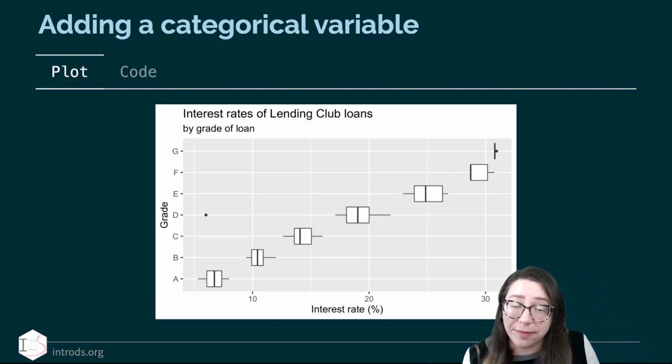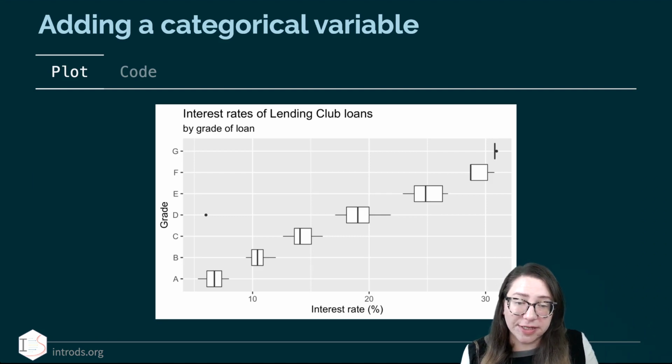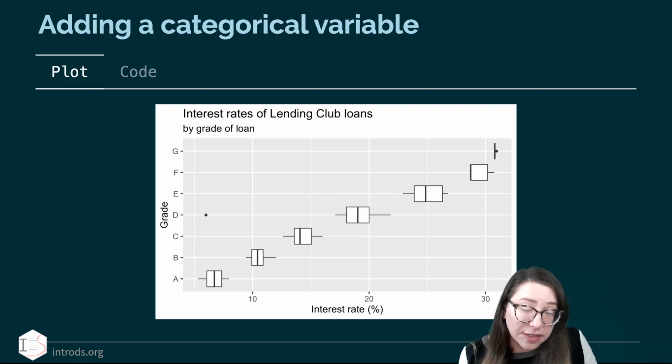These are called side-by-side box plots, and they're very commonly used. So we can see the distribution of the interest rates of Lending Club loans by the grade of loan. We had said that the grade varies from A to G, and that was something about the quality of the loan. So it looks like the higher the quality of the loan, so the more likely that it's going to be repaid, we would anticipate the lower the interest rate, because it presents less of a risk to the lender.